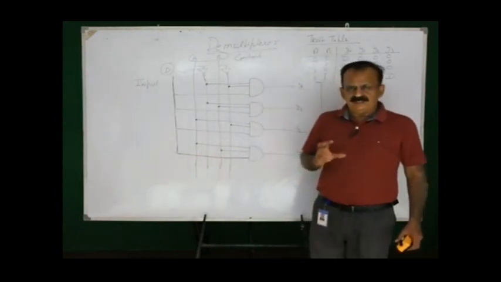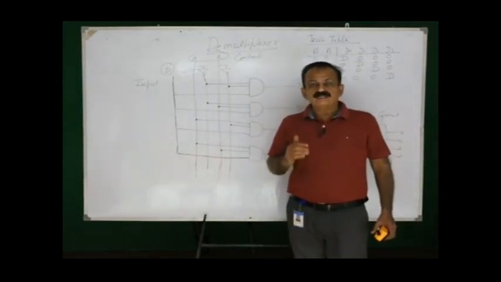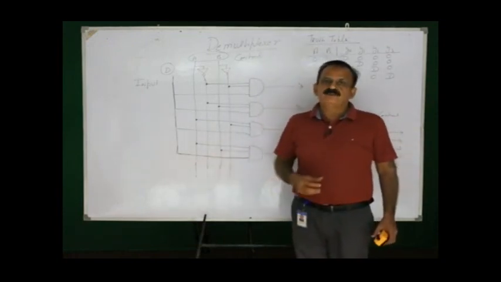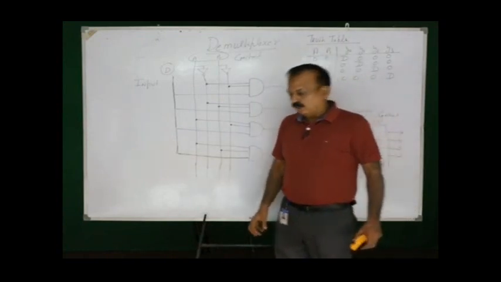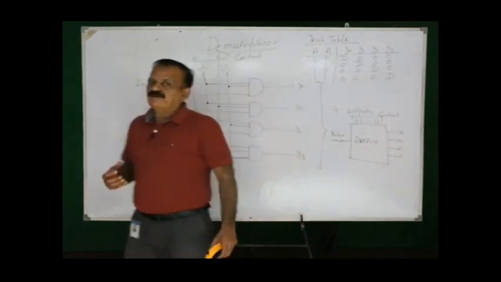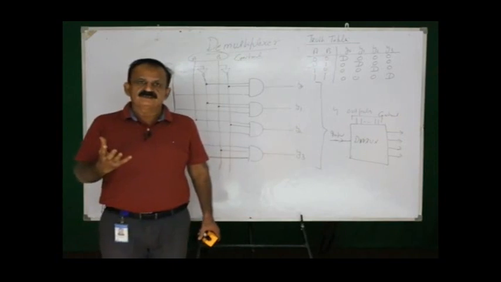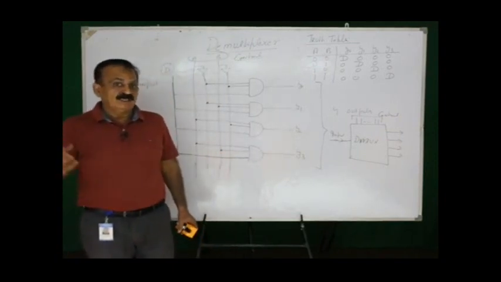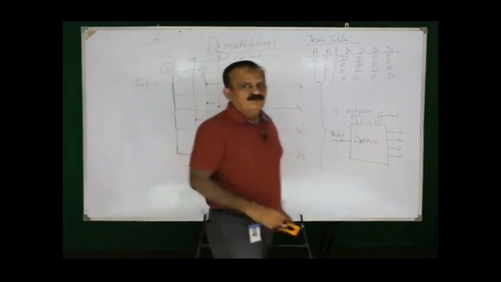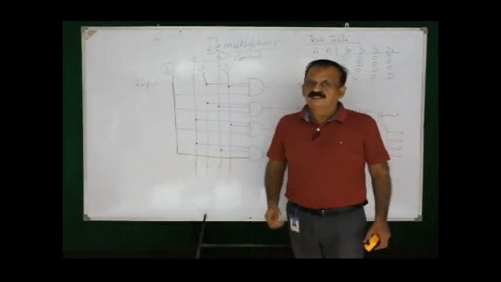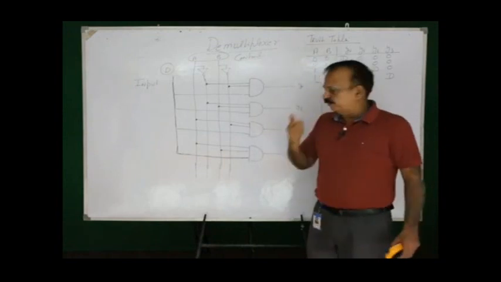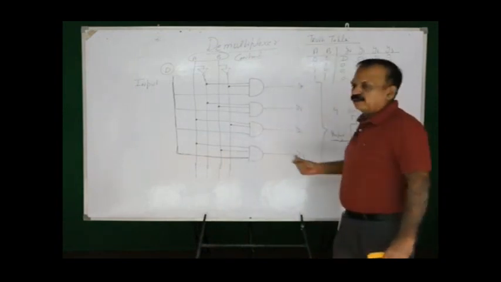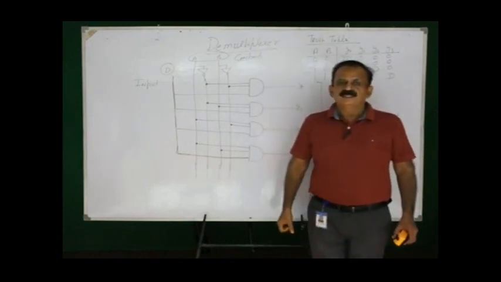Another very relevant question can be: what is the use of a multiplexer and demultiplexer in a computer framework? Where is a multiplexer used and where is a demultiplexer used? I hope the answer we have is that a multiplexer is used when a number of input resources will be sharing a single output resource, and a demultiplexer is used when a single input will be using a number of output resources.